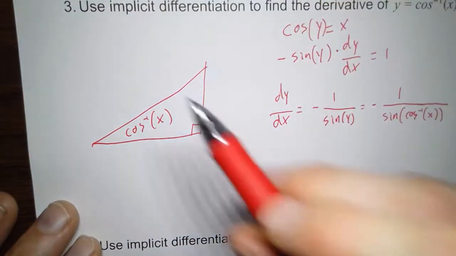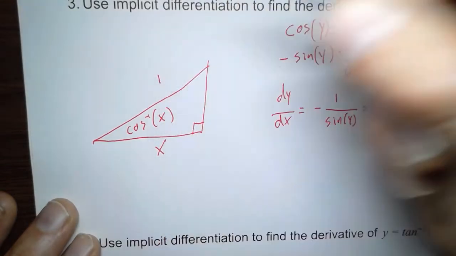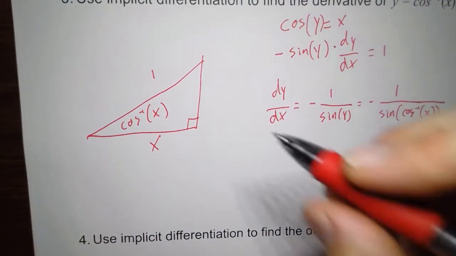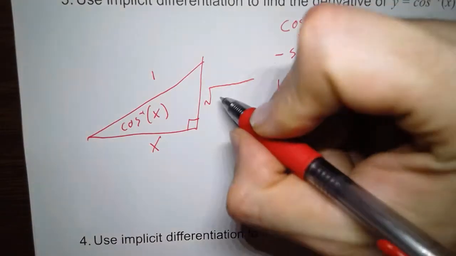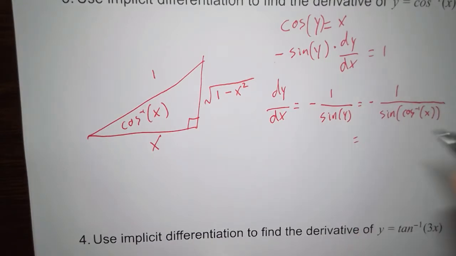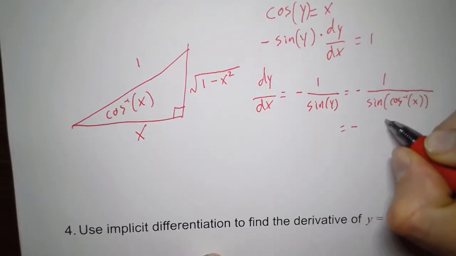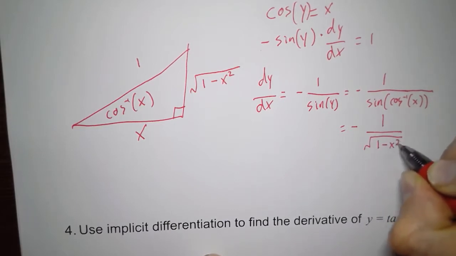So what that's saying is that x over 1 is our cosine ratio, and we need sine. To get that, we use the Pythagorean theorem to find the third side, and so we have the square root of 1 minus x squared. So our derivative, in terms of x, is negative 1 over the square root of 1 minus x squared.